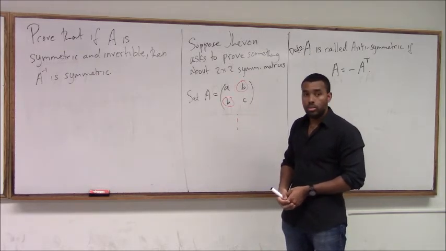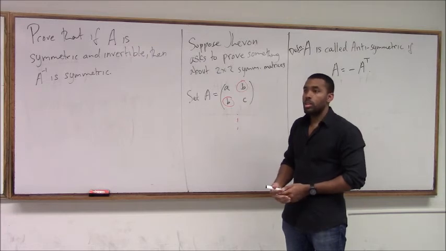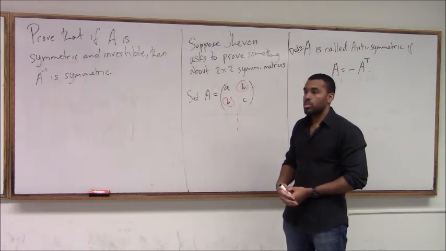Okay. So assuming that A is symmetric and invertible, all we would have to show is that the adjoint is symmetric. Because the determinant exists, the inverse would exist, and the determinant is just a constant, which is fine with the property.